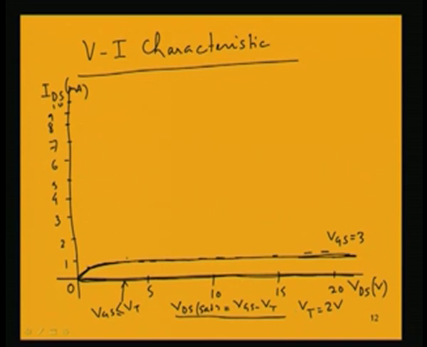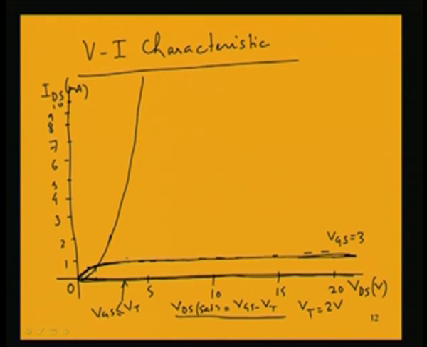So, from this relation basically we can draw the locus of the saturation value of VDS, as VGS minus VT gives the locus of the point of this VDS. So, when VGS is equal to 3, we are considering VT is equal to 2, so it will be 1 volt. Somewhere here say. So, that means we will be having basically a locus like this.